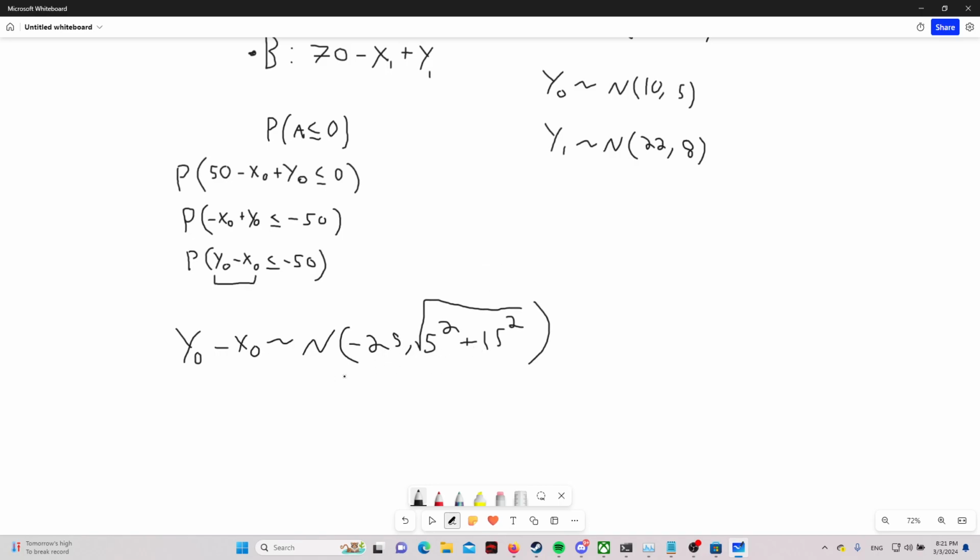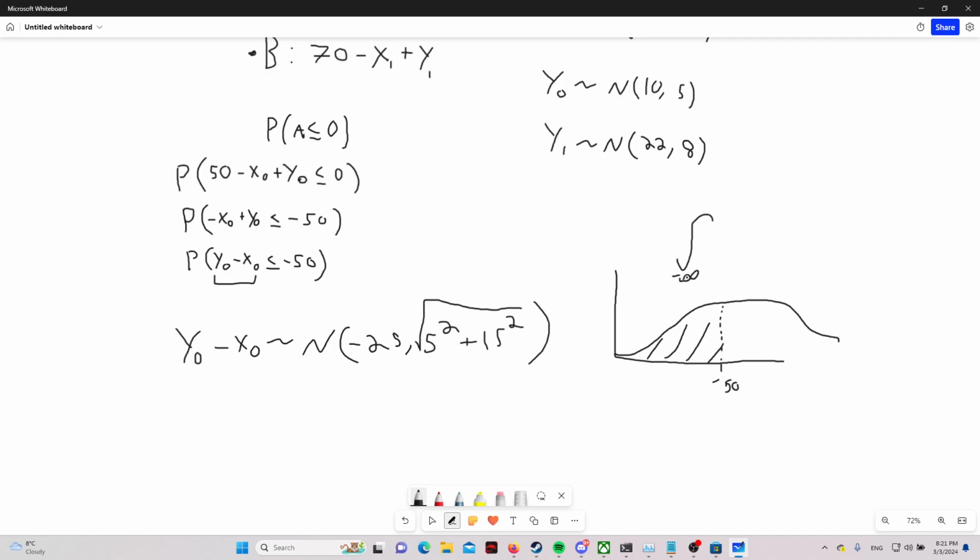And then we want to see the probability of this being less than or equal to negative 50. If you try to look at this on the graph, if this is minus 50, and we have some function here, the probability of being less than or equal to this is just the area under the curve from the lower bound.